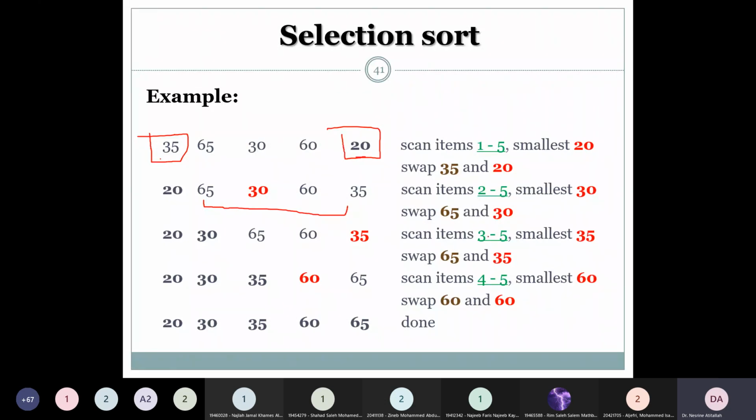It will be 30, and I will exchange the 30 with 65. So I will have 20, 30, 65, 60, and 35. This is my new list.